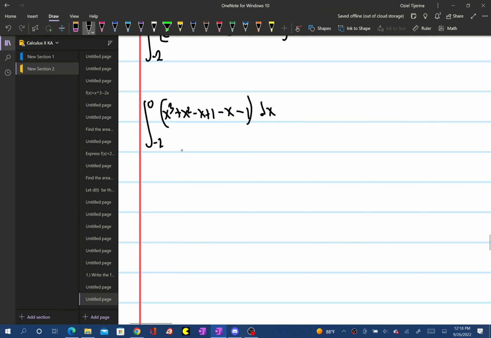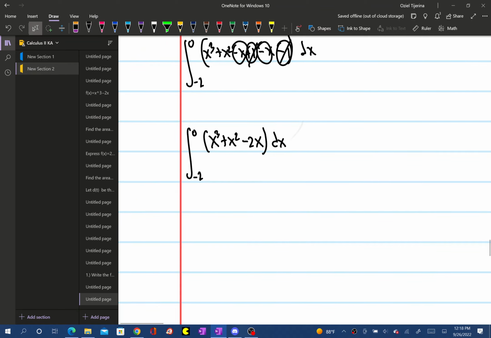So we have the integral from -2 to 0 of x cubed plus x squared, negative x and negative x is negative 2x, and then 1 and negative 1 cancel out. So then this is dx, right?